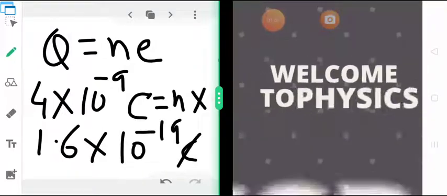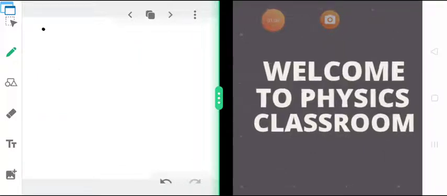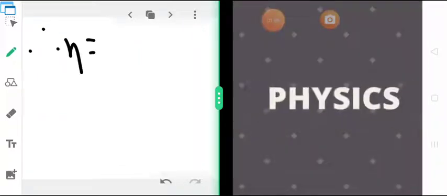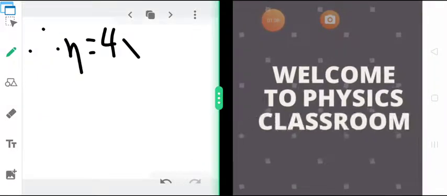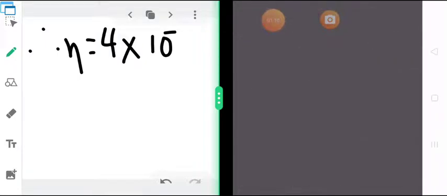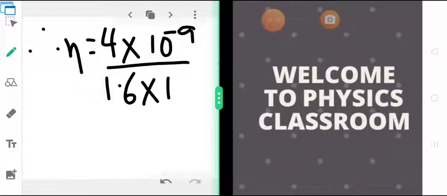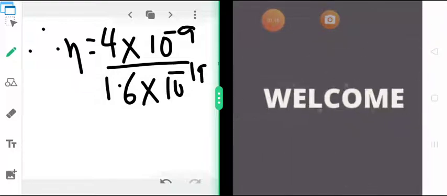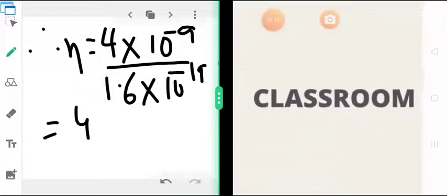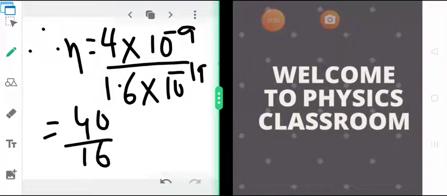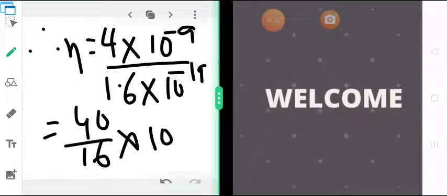We can cancel out the units. Therefore, N is equal to 4 into 10 to the power minus 9 divided by 1.6 into 10 to the power minus 19. We get 40 divided by 16 into 10 to the power 10.